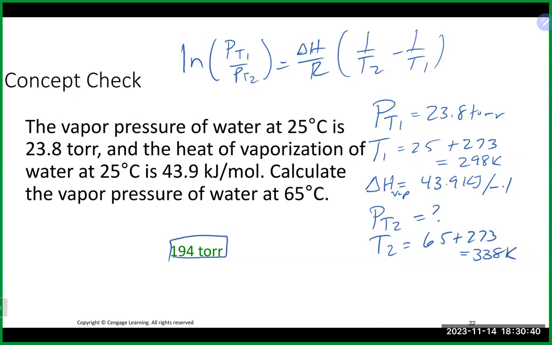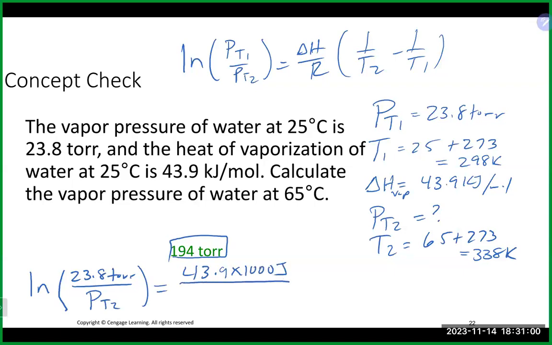Let's see. So we're going to go with the natural log of our first vapor pressure, 23.8 torr, over the second vapor pressure that we're looking for. My delta H here is 43.9. I'm going to multiply it by 1,000, and that's going to convert it to joules, so it will work well with the gas constant that's in joules.